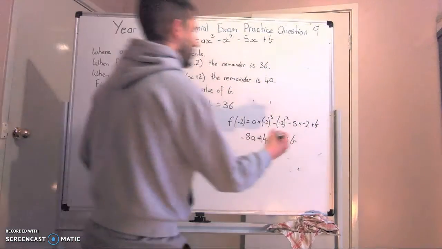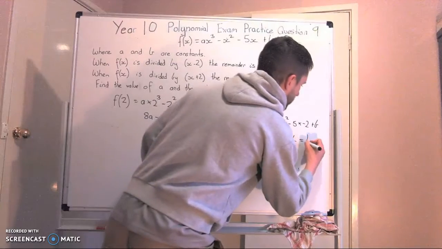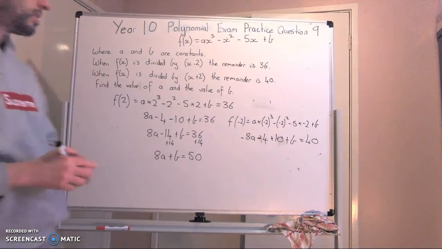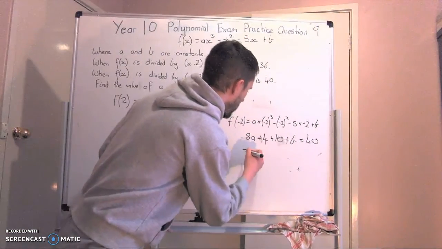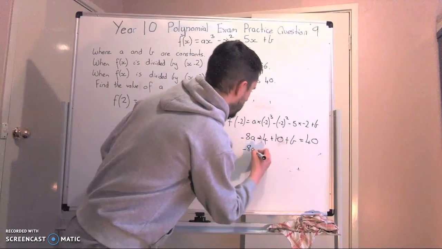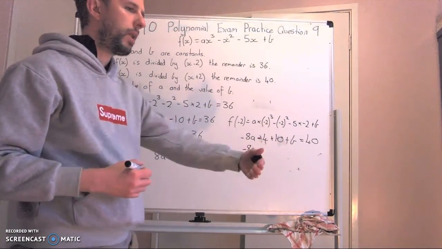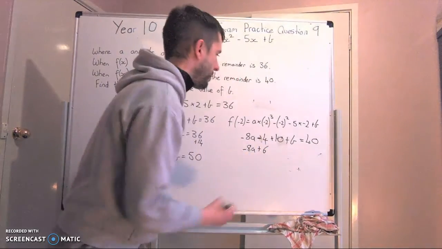I know this is going to give me a remainder of 40. So then we can slowly simplify this one as well. I've got negative 8a, which can stay there, but I want this part to be simplified. So I've got negative 4 plus 10, which is equal to 6.